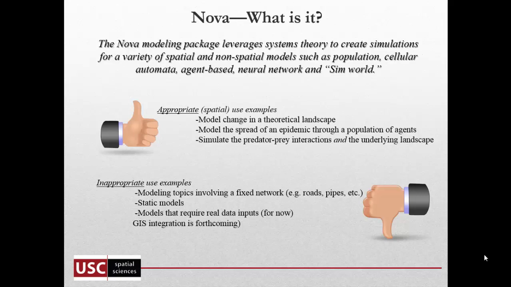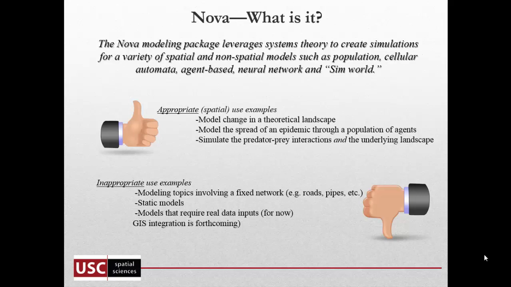So similar to what we did with our NetLogo assignments, you can use Nova to model things like changes in a landscape, cellular automata. You can do agent-based models or combinations of the two, which Nova calls sim worlds.